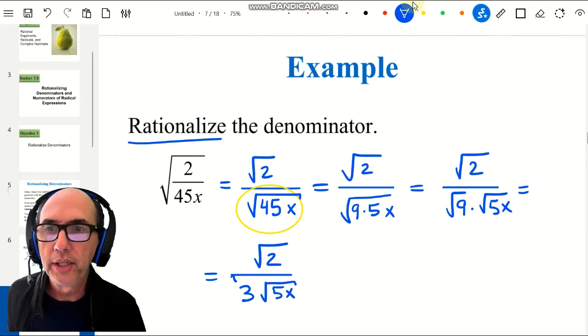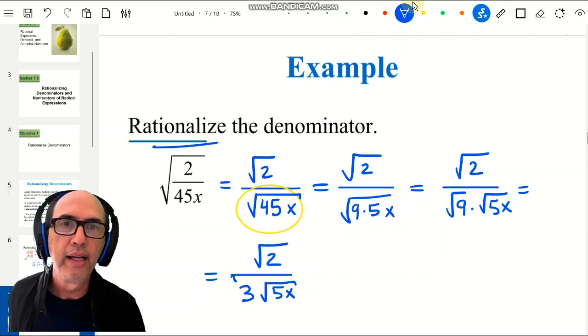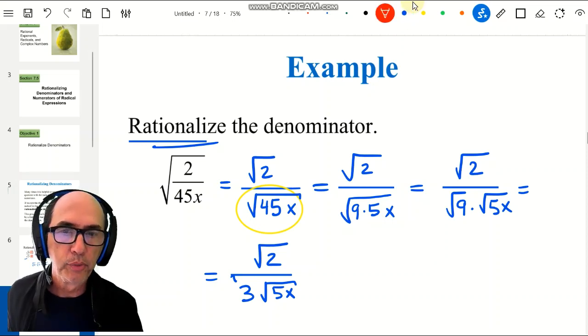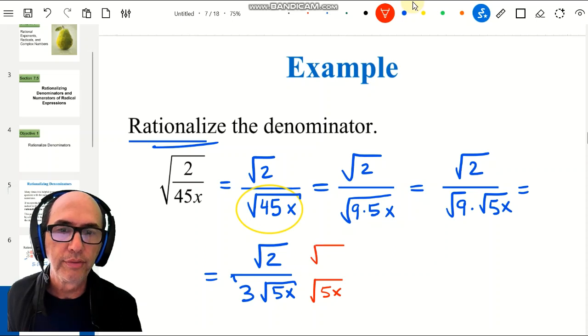Now we will rationalize. After simplifying, we rationalize by multiplying both the numerator and denominator by square root of 5x, and not square root of 45x. That will be more trouble to simplify.